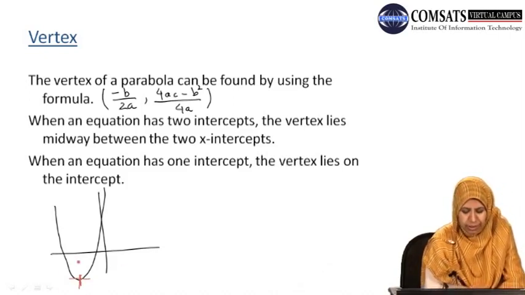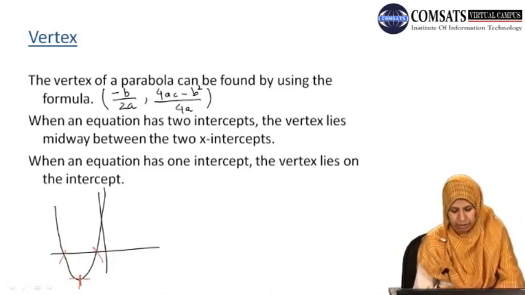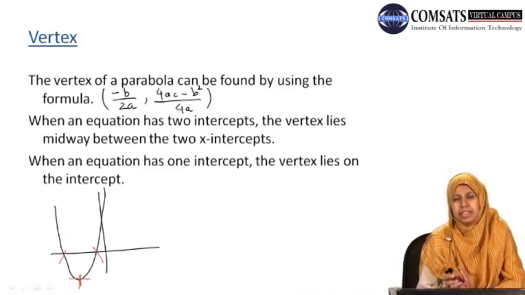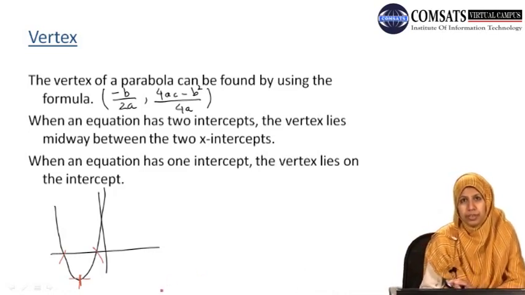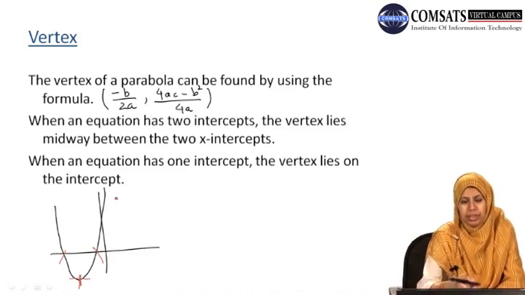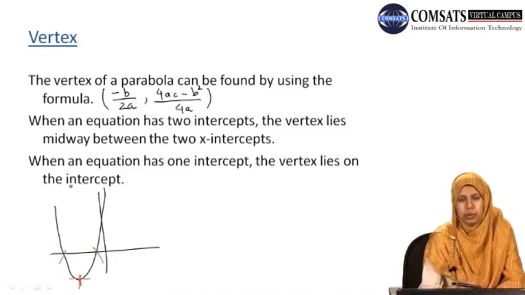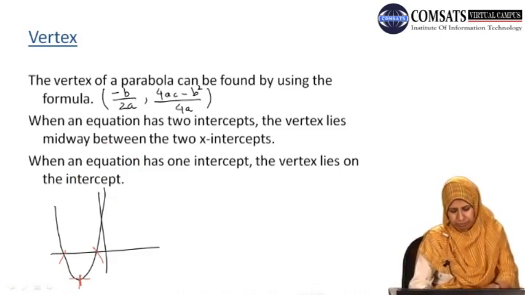And we can see that the graph has two x-intercepts, namely this x-intercept and this x-intercept. If we know the values of the x-intercepts, we can easily find the x-coordinate of our vertex, instead of putting the values of a and b in our formula minus b over 2a.